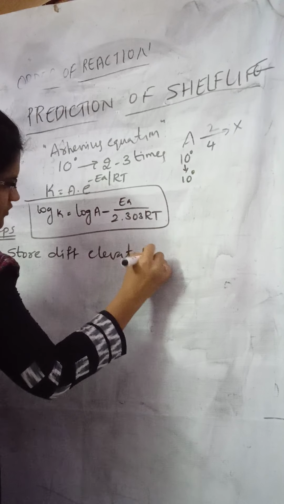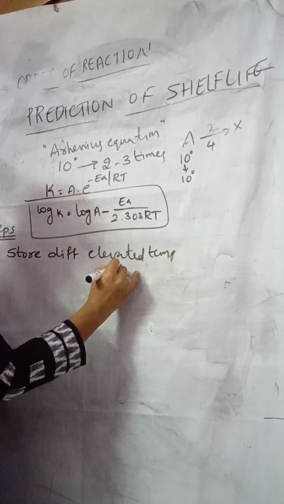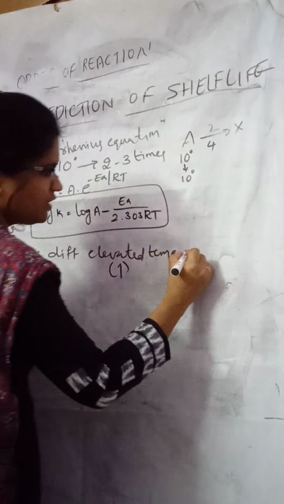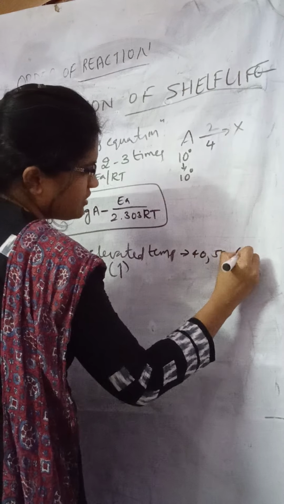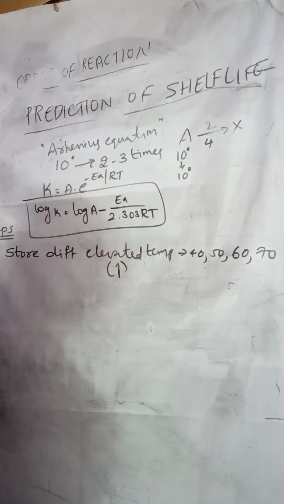There are different steps to determine the shelf life. The first step is, you have to take the product and store it at different elevated temperatures. Elevated means increasing temperature, like 40, 50, 60, 70 degrees centigrade.